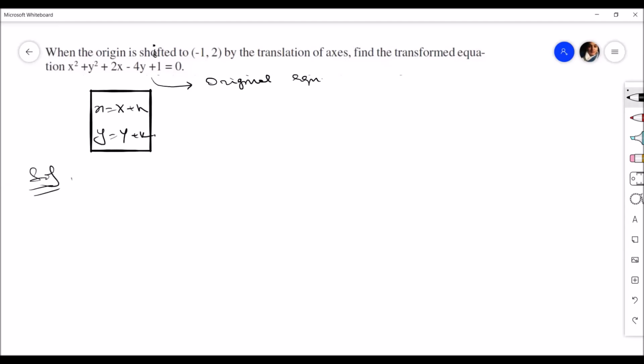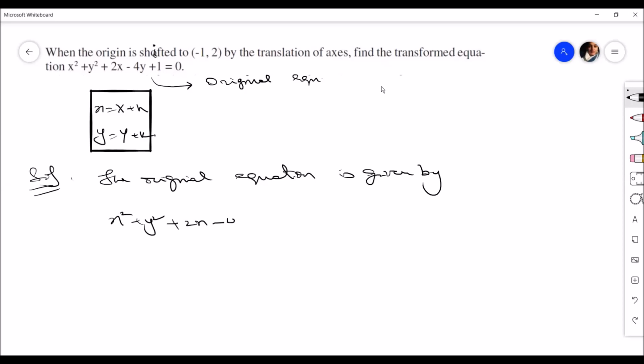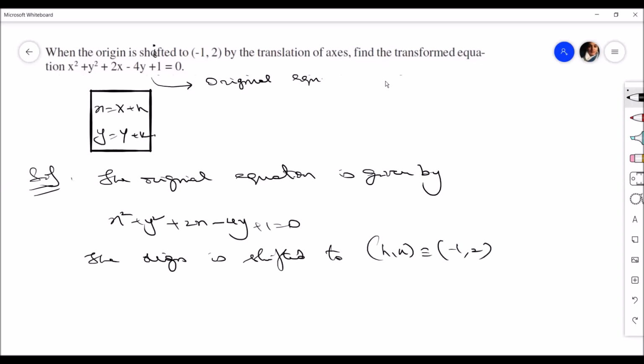So solution. The original equation is given by x square plus y square plus 2x minus 4y plus 1 is equal to 0. That's your original equation. The origin is shifted to (h, k), which is already given as (-1, 2).